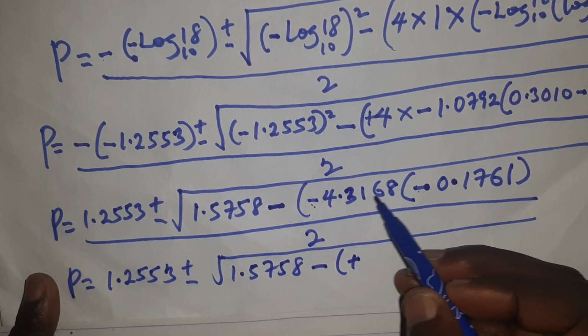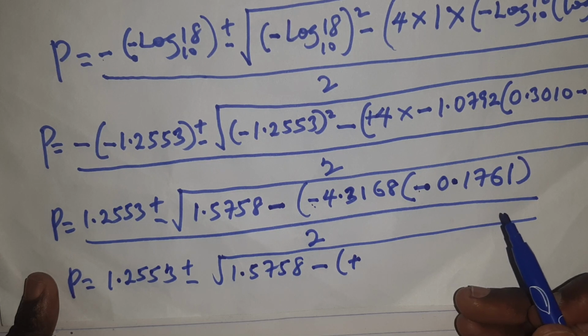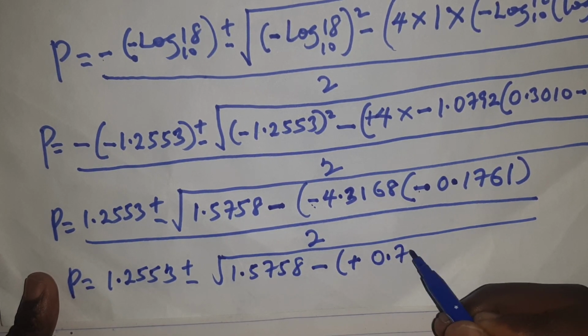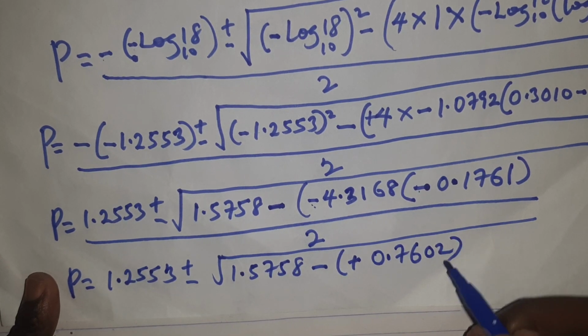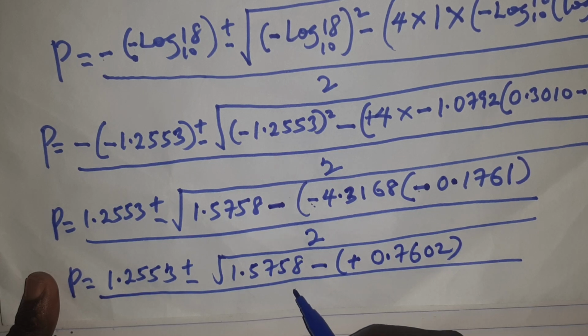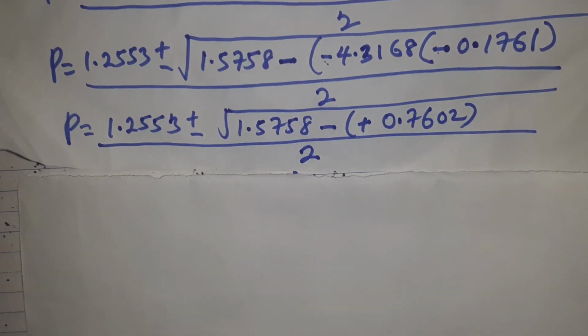Then 4.3168 times 0.1761 gives me 0.7602. Everything still over 2. And then, wow, the solution is long.